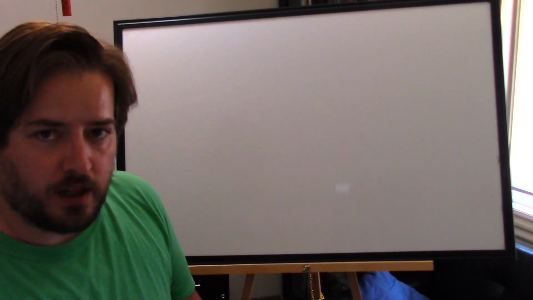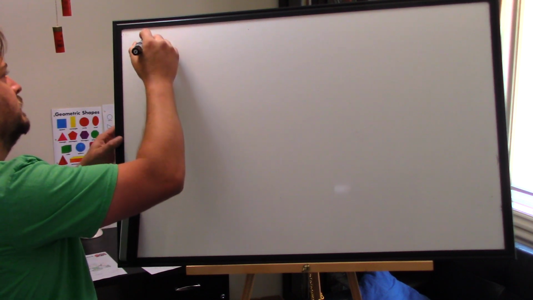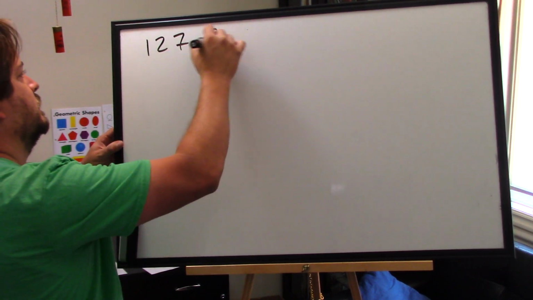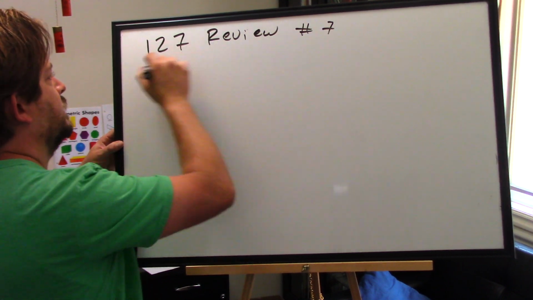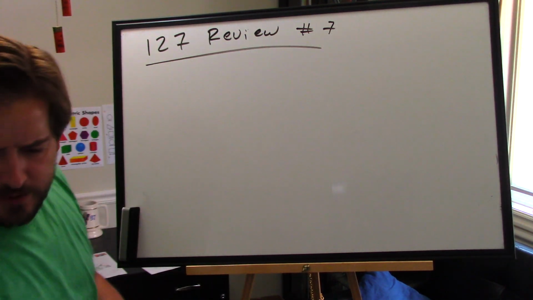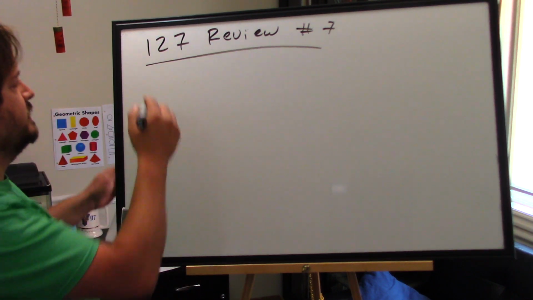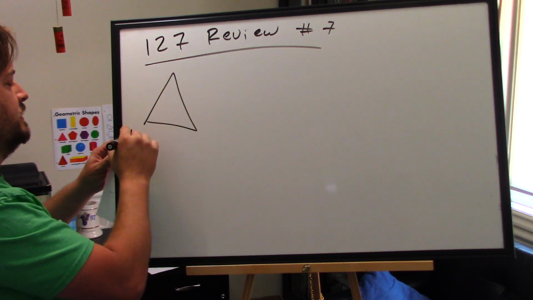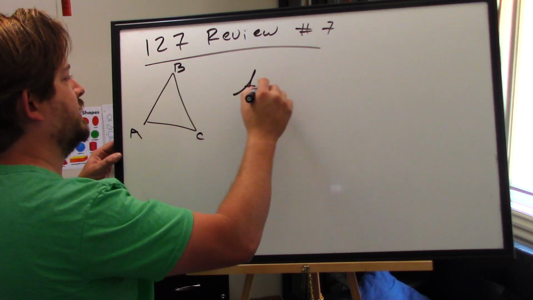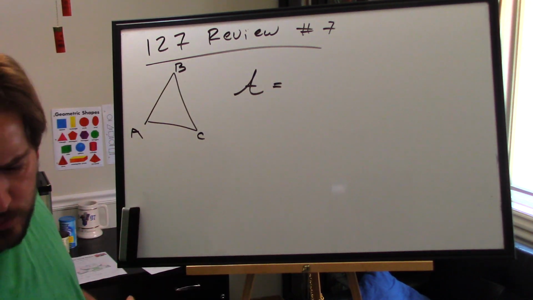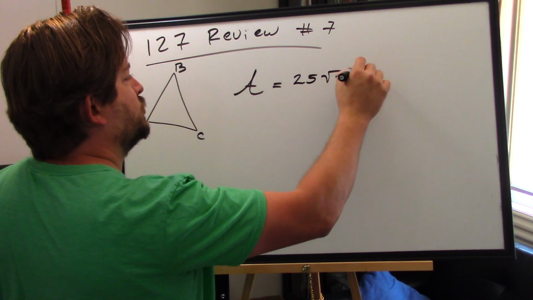We're going to do all of 7, so start here. Seven A says the area of a triangle ABC. So I have some triangle ABC, and we're given the area is 25 root 3 square centimeters.